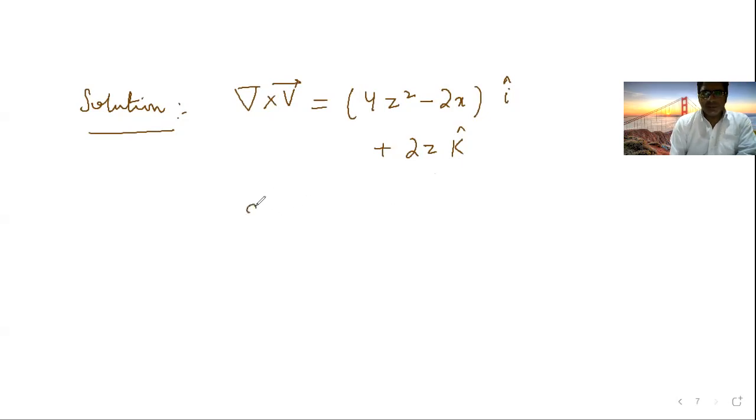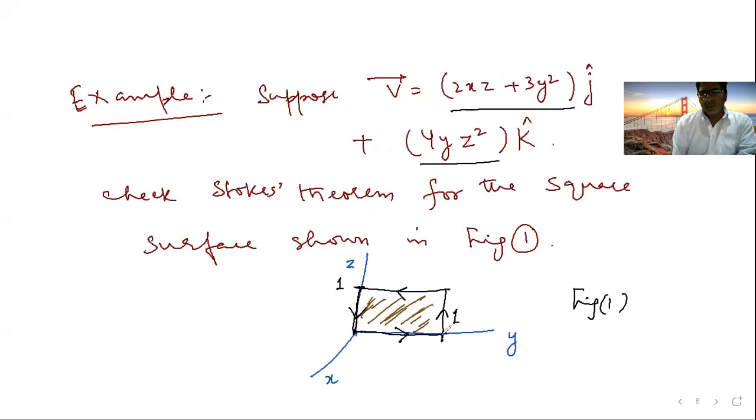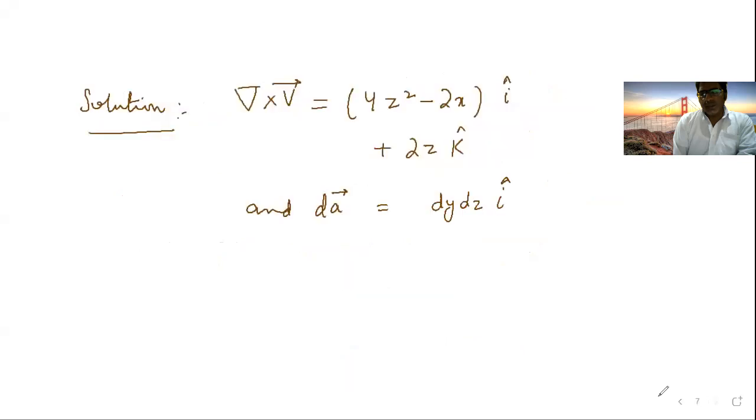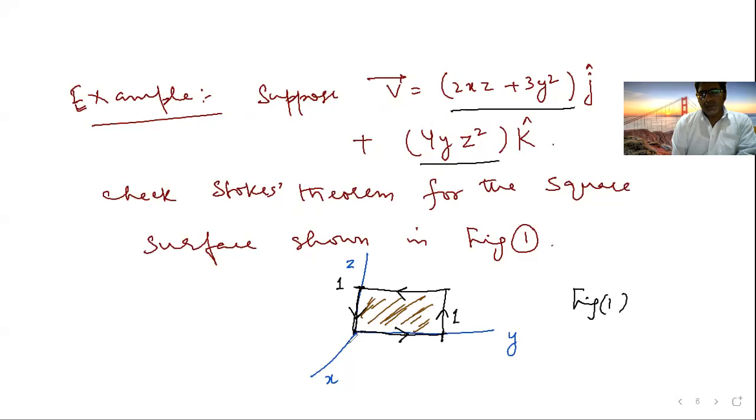This is my curl, and my area vector dA is dy dz î. Why so? Because this area lies in the yz plane. That's why dy and dz. And the area vector is to be taken along positive x.